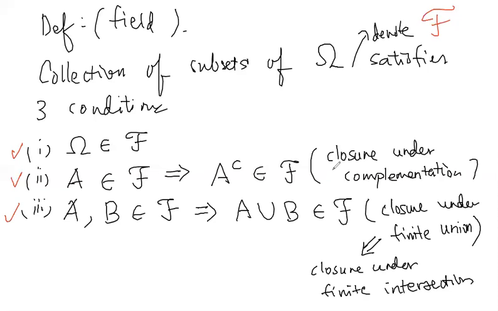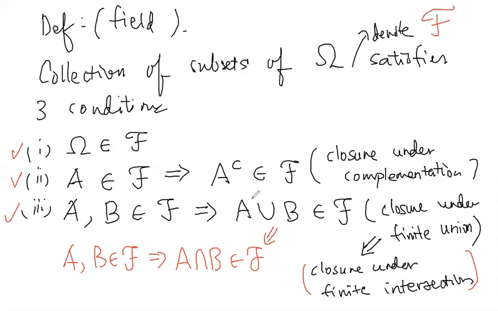Because in fact 2 and 3 collectively imply closure under finite intersection. What does this mean? It means if A and B are in F, then their intersection is also in F. This is actually implied by 2 and 3.